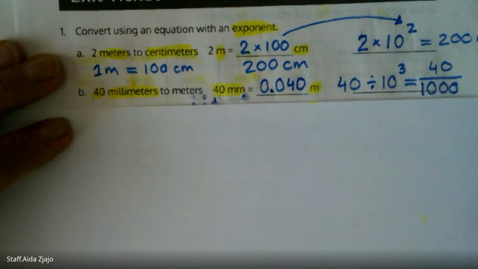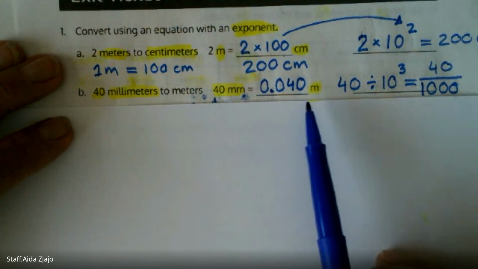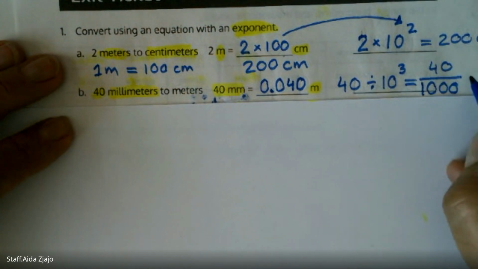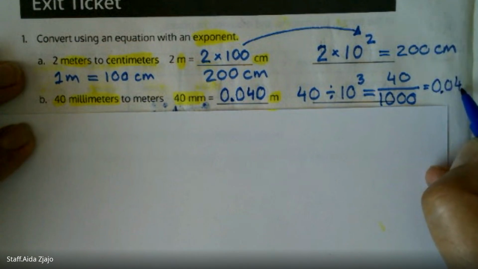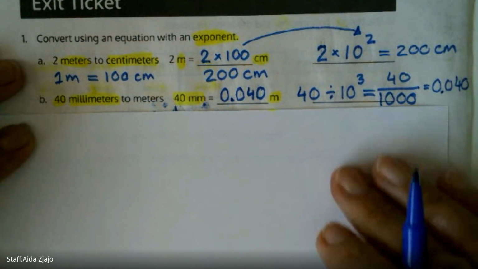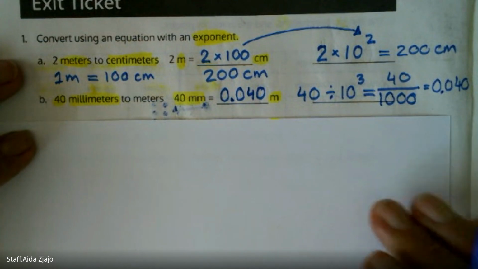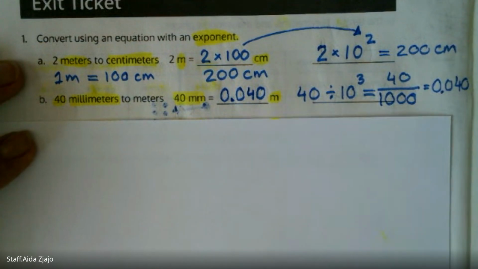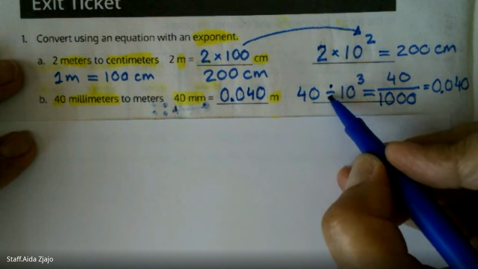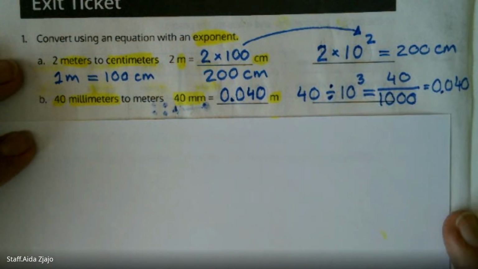If you have 40 out of 1,000 pieces, you have 40 thousandths. You do not have whole meters. You do not have tenths. That would be the explanation of how I got this answer for that problem. All right, that could be one way of seeing it.